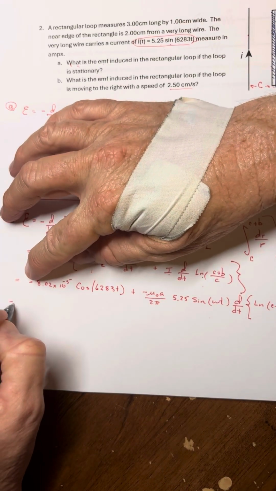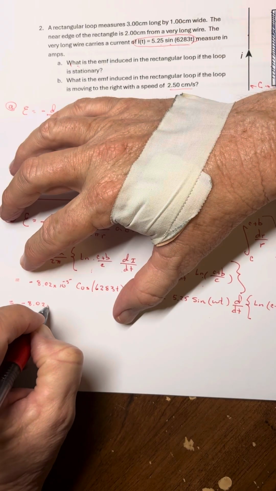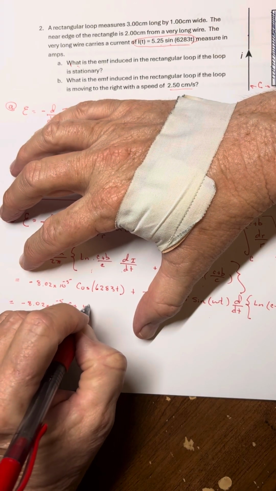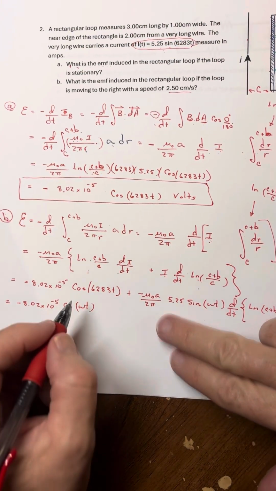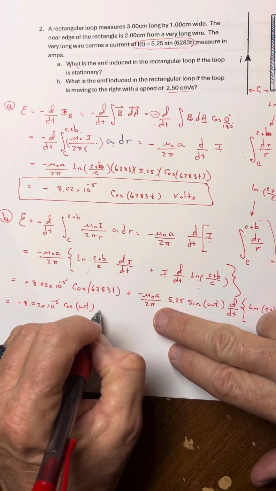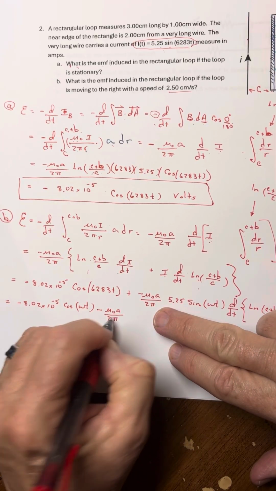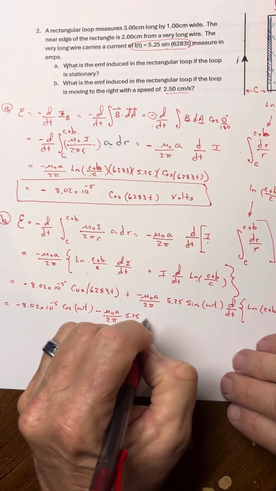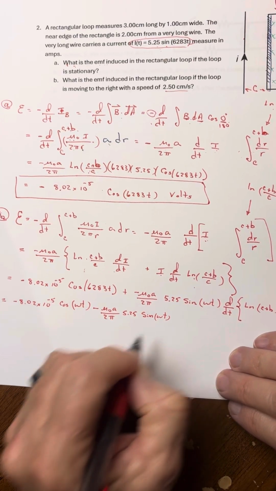All right, so this first one, minus 8.02 times 10 to the minus 5 cosine, and let me just write that as omega t also. And then right here, here's my minus mu naught A over 2 pi. Here's my 5.25. Here's my sine omega t.